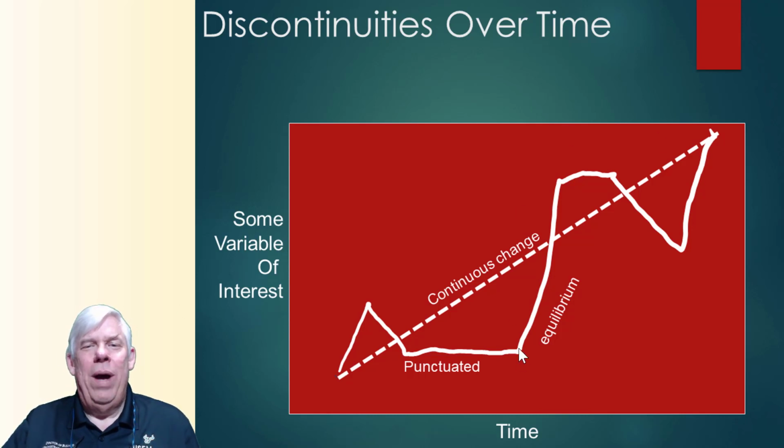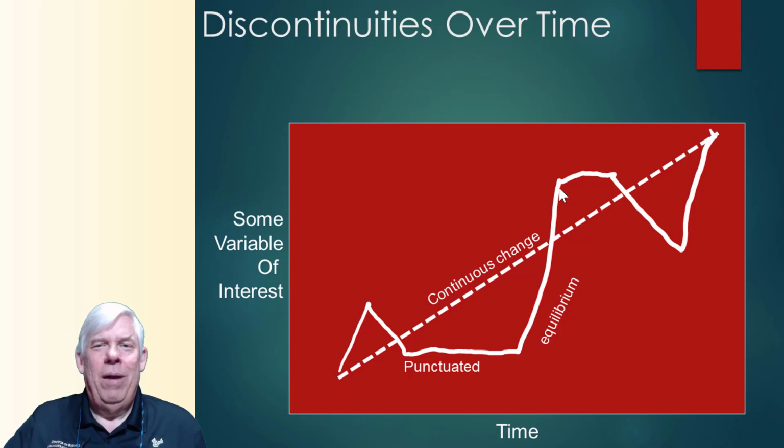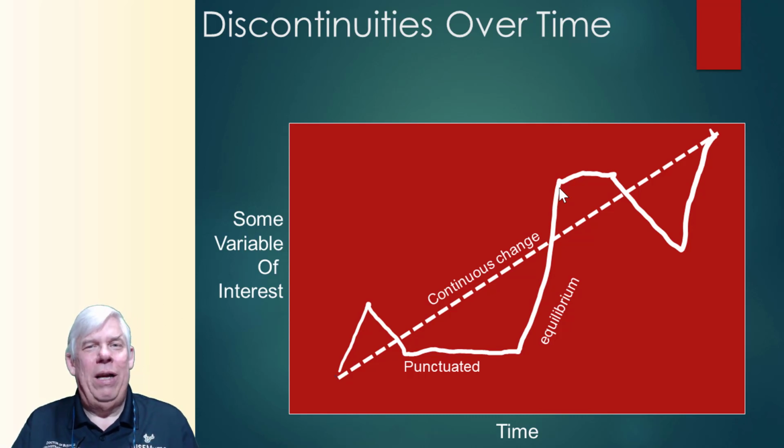The ways of optimizing an organization's fit with the environment during periods of equilibrium is often very different from the way the organization has to optimize its behavior in periods where you've got these punctuations or discontinuities. And we'll talk about that a lot more when we get to some of the strategy lectures.